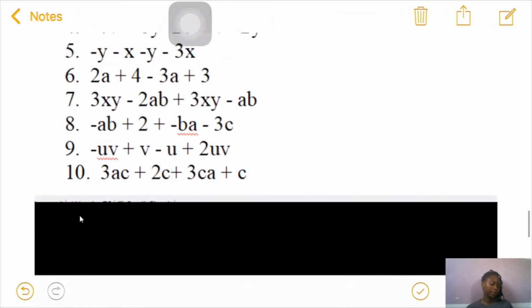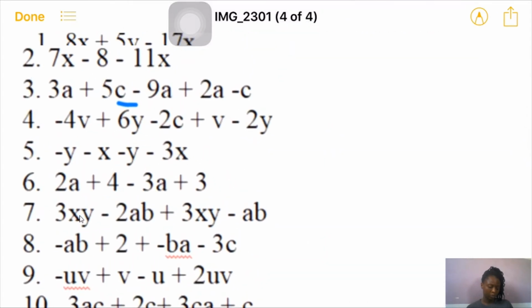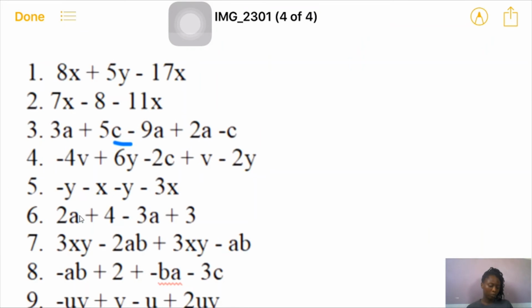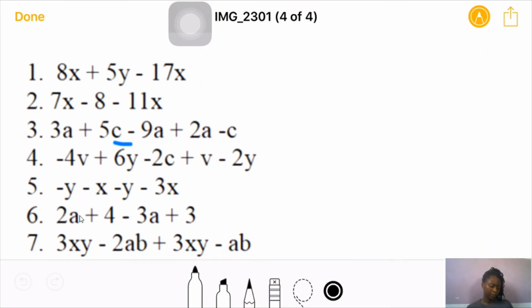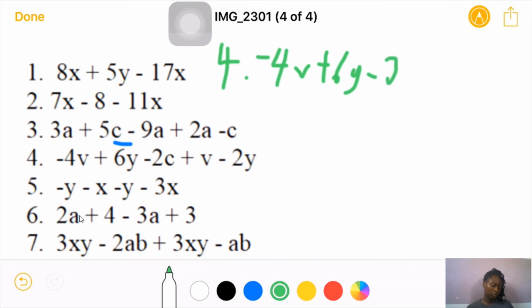Okay, the next one. That's number 4. So number 4, we have 4 minus 4v plus 6y minus 2c plus v minus 2y.